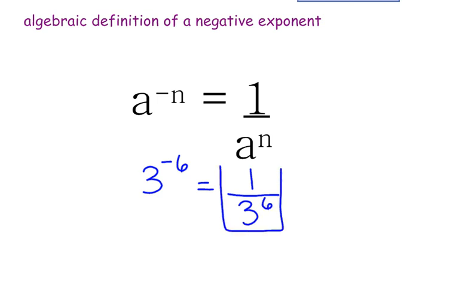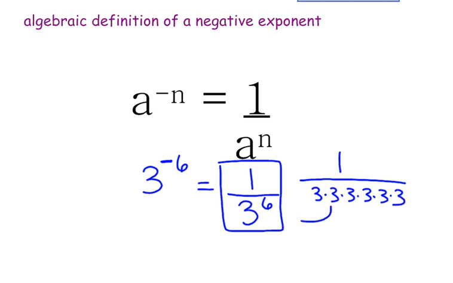Notice that in the answer, there are no negative symbols. What I did was take that 3 to the sixth, which really means 3 times 3 times 3 times 3 times 3 times 3. But because there was that negative symbol, I'm not doing repeated multiplication, I'm doing repeated division. So it was under the division line. What would be a much simpler way to write that? There it is. I've got 3 to the sixth, but it is on the bottom. It's being repeatedly divided.